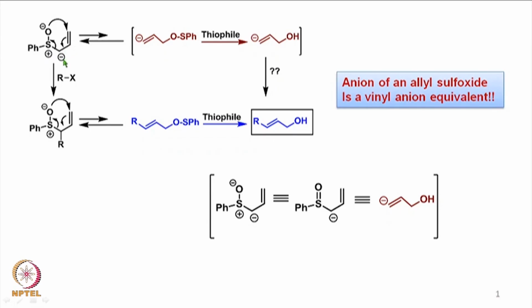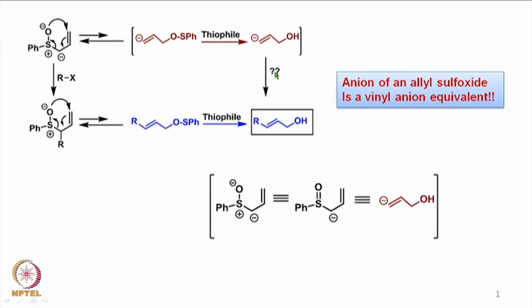And therefore, we can generate this anion, and hypothetically we can think that this particular allyl sulfoxide anion will be in equilibrium with the allyl sulfenate ester with a vinyl anion, and when it reacts with the thiophile, it can lead to the corresponding allyl alcohol with a vinyl anion at this particular position.